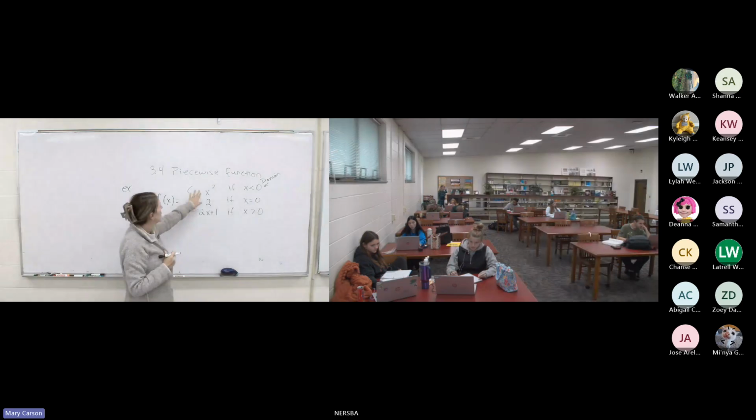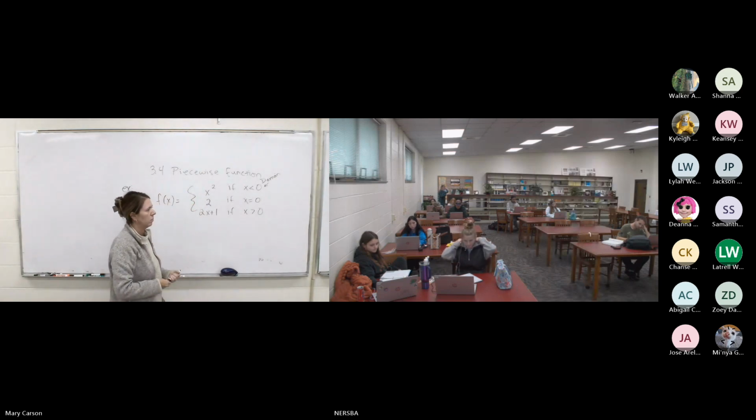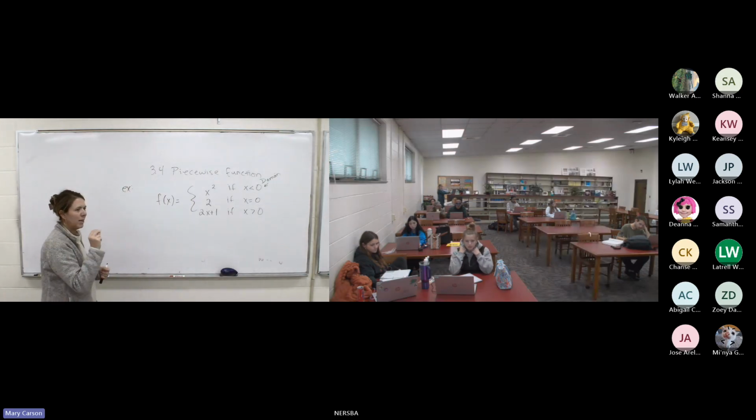And I would also go ahead and look at each of these and determine what kind of function it is. So what kind of function is x squared? When I say function, I mean equation. What kind of equation is it? X squared. You guys should be able to spit it out.